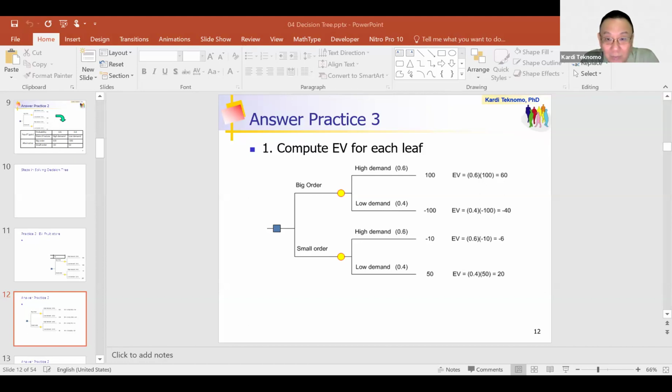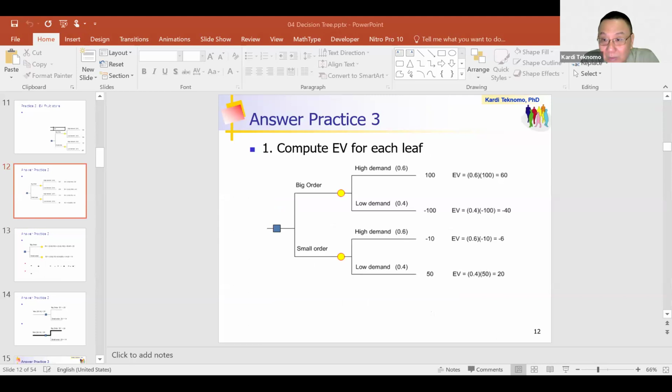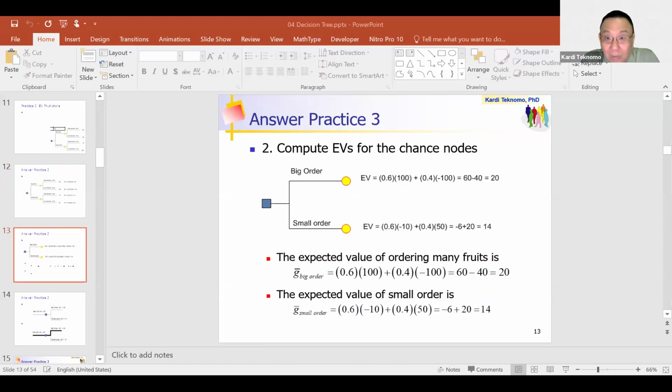And then, because this is now the EV in the leaf node, you compute. So this is 60 and minus 40, isn't it? Then you put them together for this chance node.